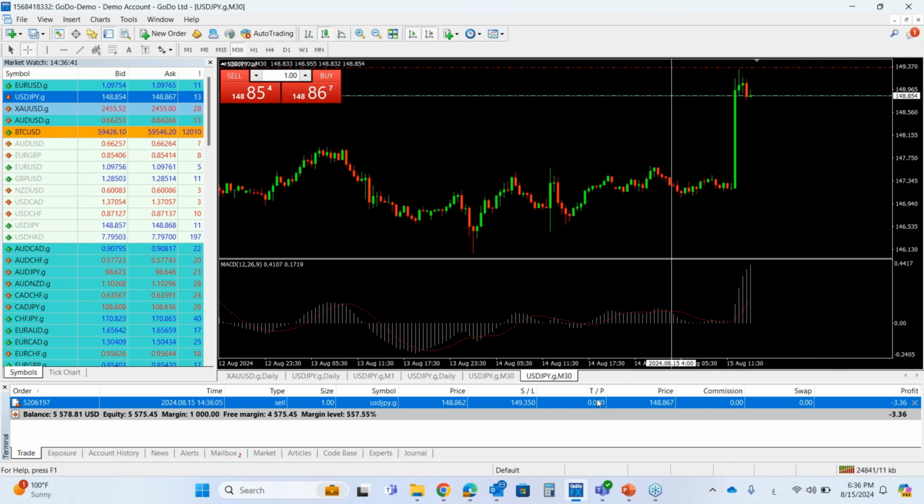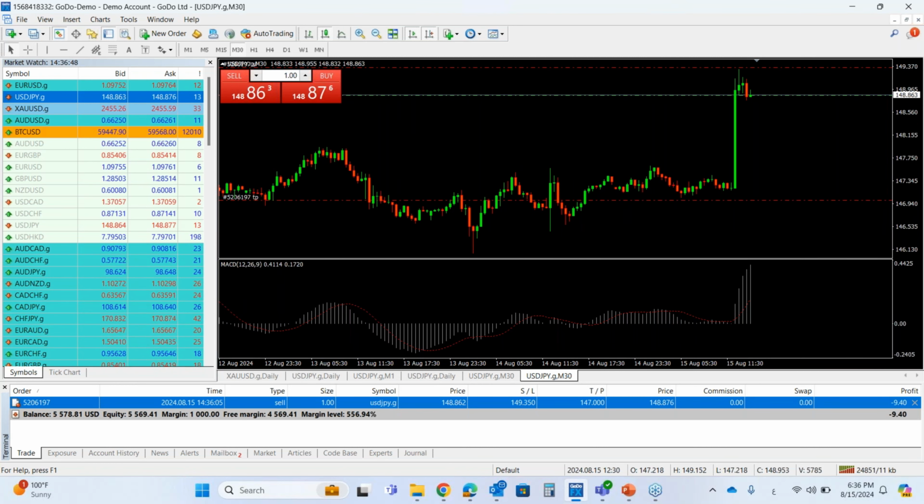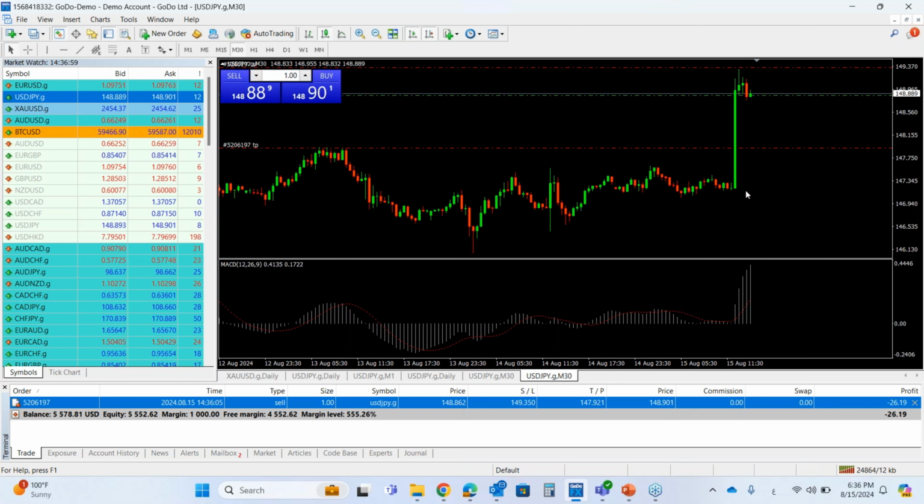So maybe make it 147 like this. Oh no, this is really greedy. We can just go higher like this. Yeah, this is around 100 pips of profit, take profit, and around 50 pips of stop loss.